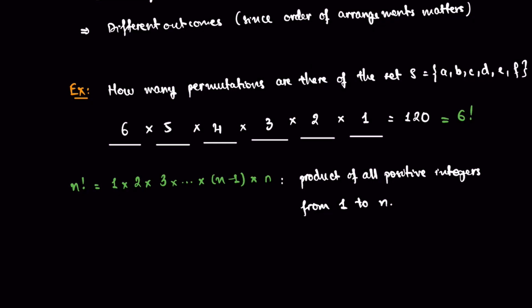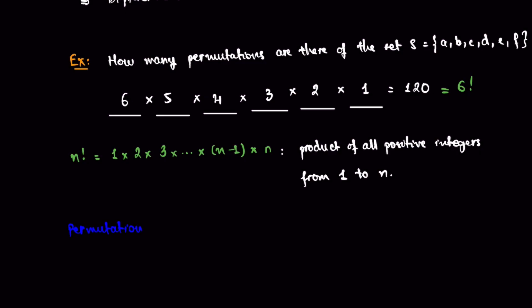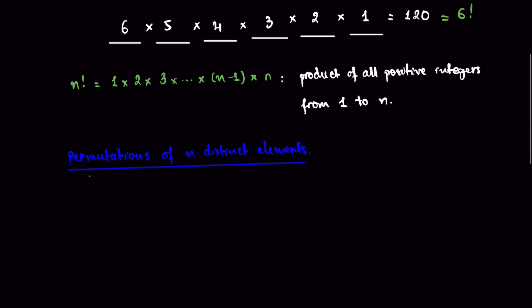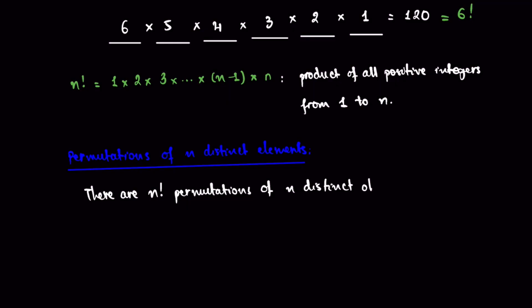And therefore, when we deal with permutations of n distinct objects, the formula for that is going to be, there are n factorial permutations of n distinct objects or elements.